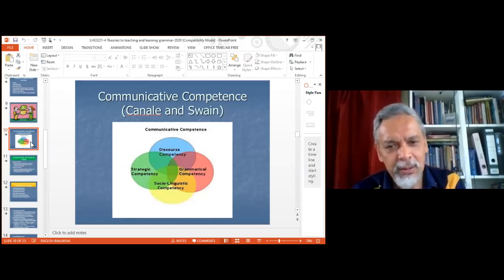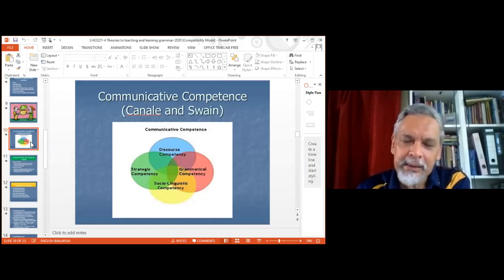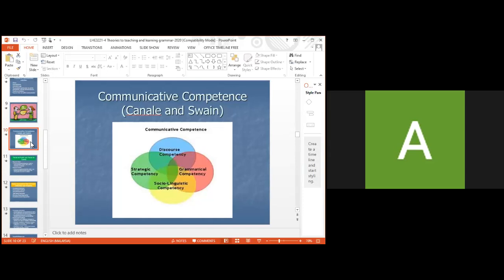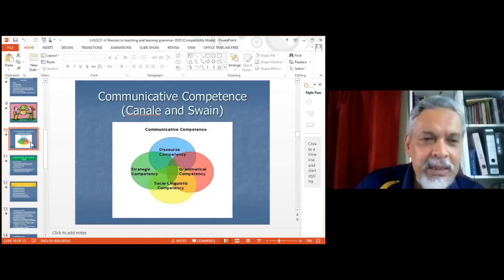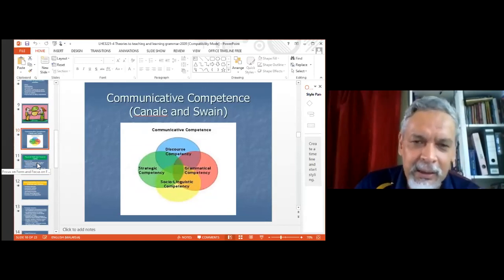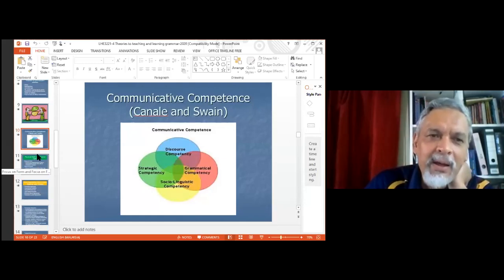So it is between a zero system where you have no knowledge at all of the language, to the other end of the continuum, which is a complete and accurate system of the target language. So you have an interlanguage that moves. That's the idea of an interlanguage, and behind it is this idea that as humans, we always make hypotheses of how the language works.